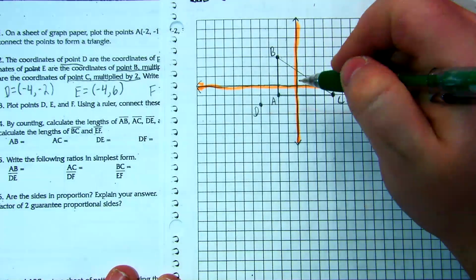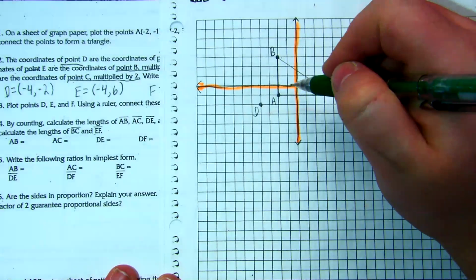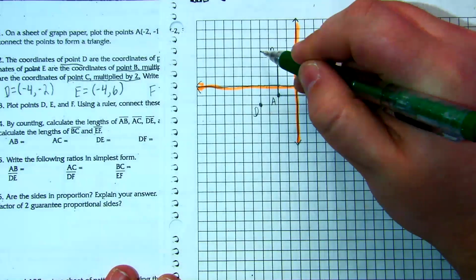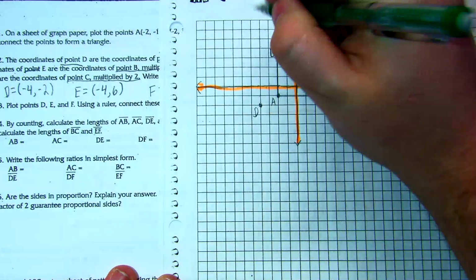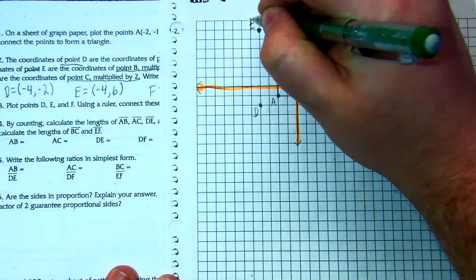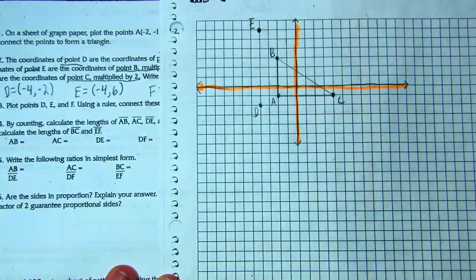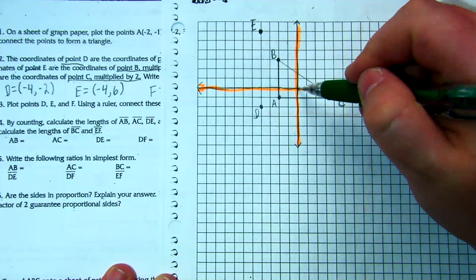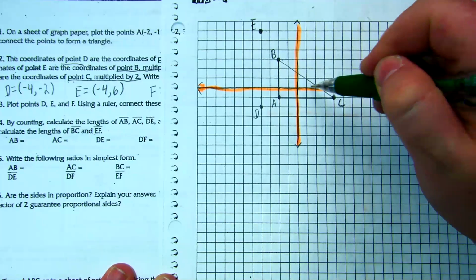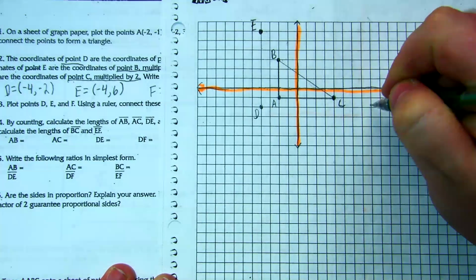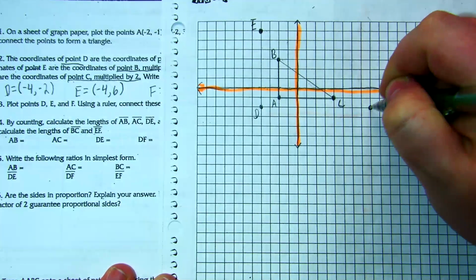To get point E, we go to the left 4 and then up 6. And then to get point F, we go to the right 8. 1, 2, 3, 4, 5, 6, 8. And then we go down 2.